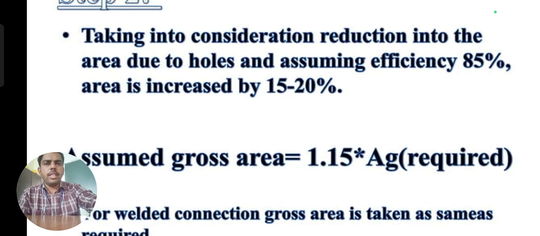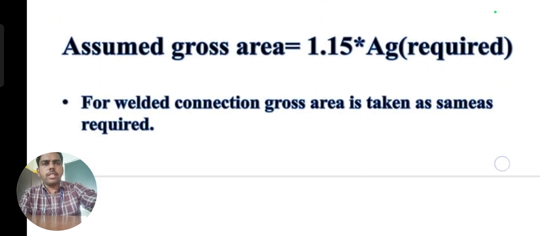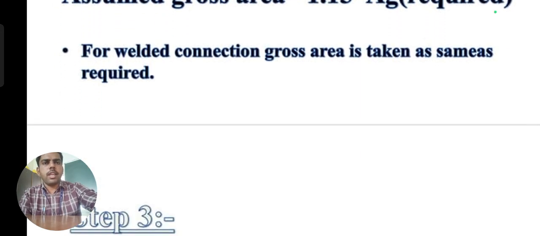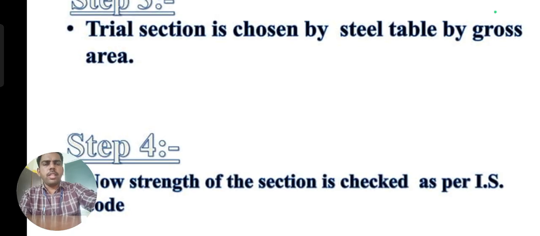After that, the value we get should be enhanced by 15 to 20%. In that situation, we take the cross sectional area from the steel tables. This is only the trial section. After trying that member, if it satisfies, you just provide that member. The trial section is chosen from the steel table by gross area.